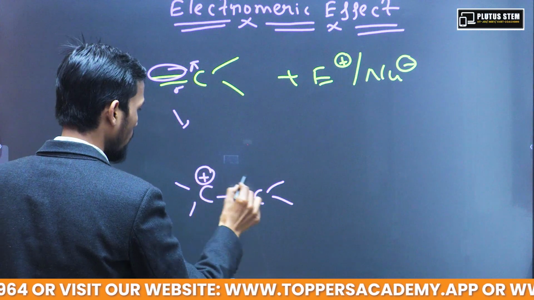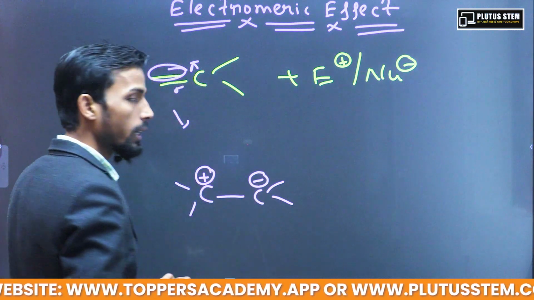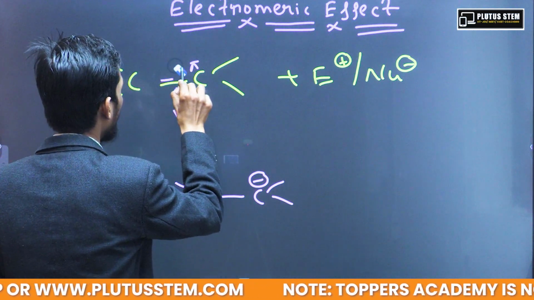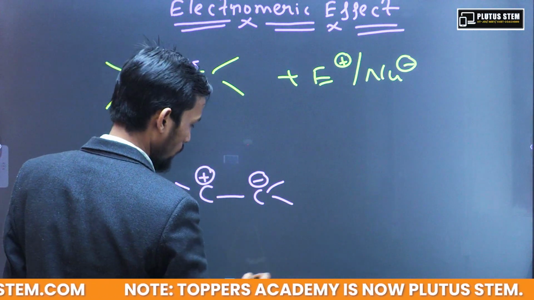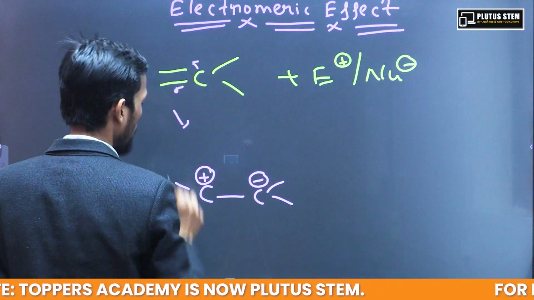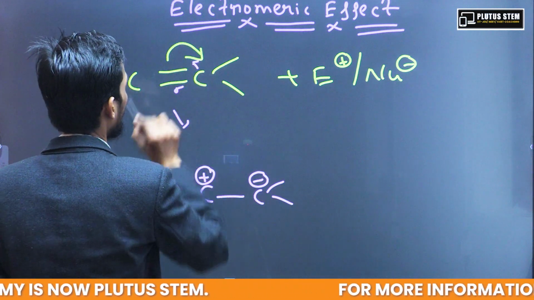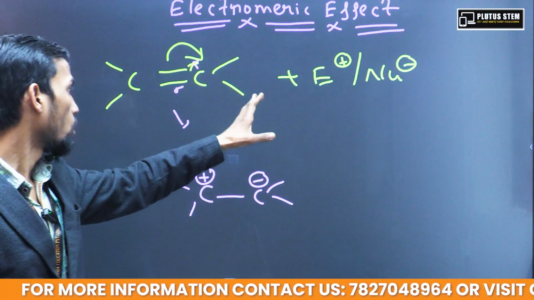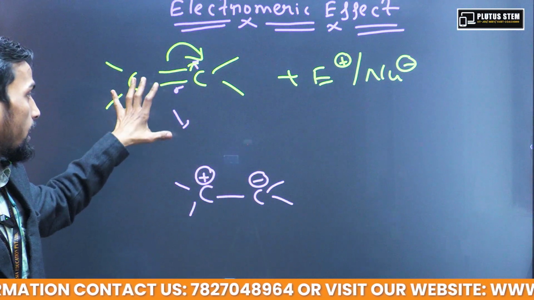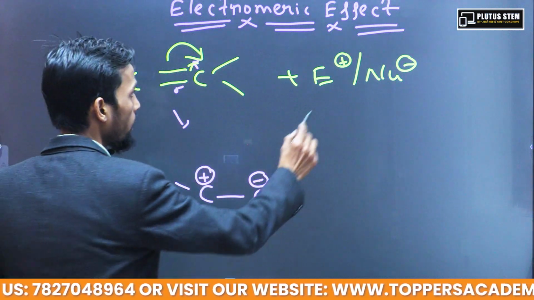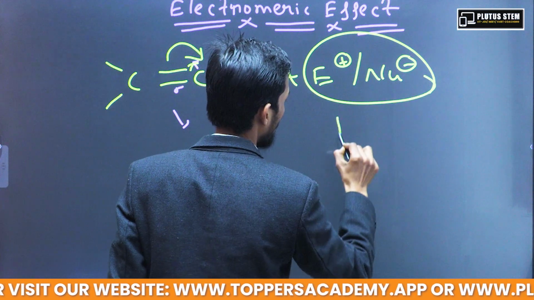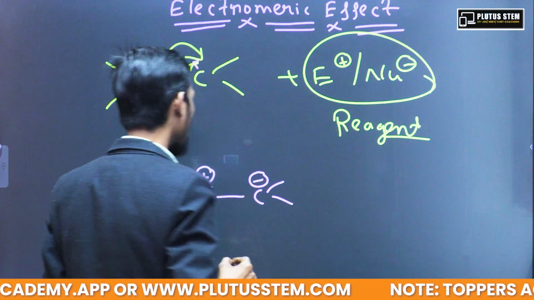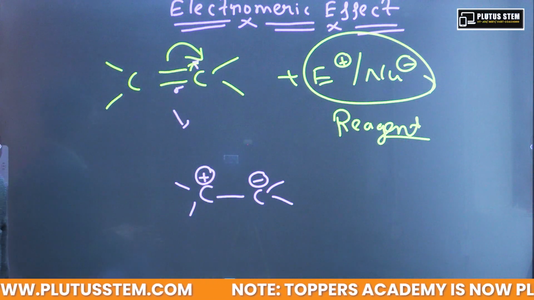One carbon will have a positive charge and another will have a negative charge. This movement of pi electrons towards one carbon, the complete transfer, if it is shown in presence of some reagent, then such an effect is termed as electromeric effect.